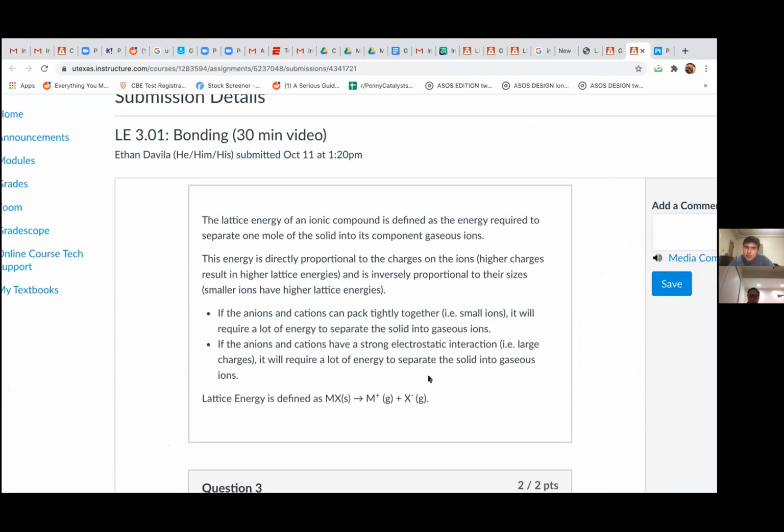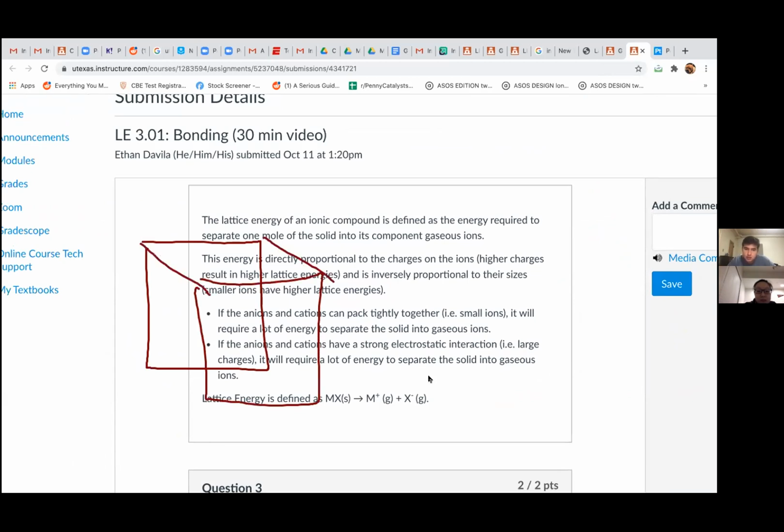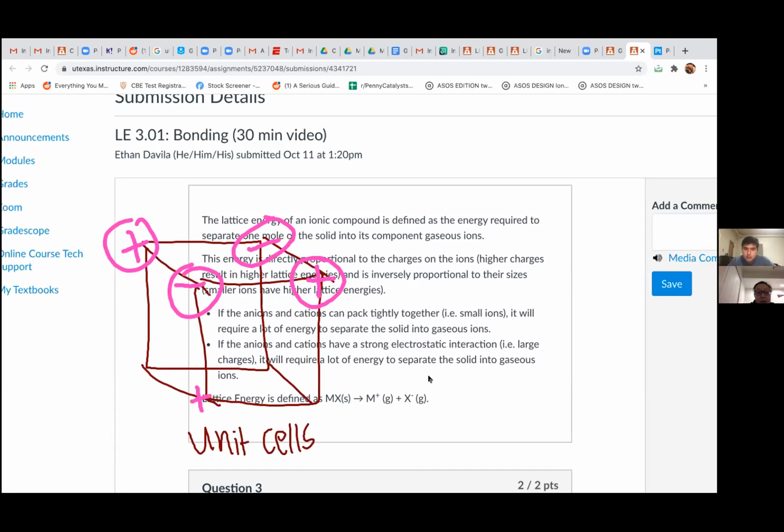Wait, what is lattice energy? Lattice energy is the amount of energy needed to break an ionic bond. Ionic bonds are made into these things called unit cells: positive, negative, positive, negative. So there's an attraction like this, and like this, and like this.